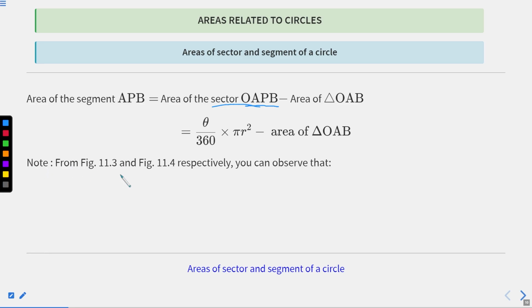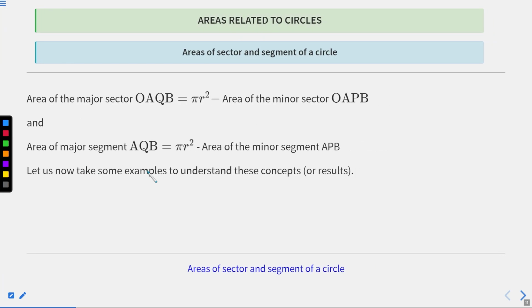Now from figure 11.3 and figure 11.4 respectively, you can observe that the area of the major sector OAQB is equal to pi r square minus the area of the minor sector OAPB. You know the degree measure at the center is 360, so the area of the full circle is pi r square.